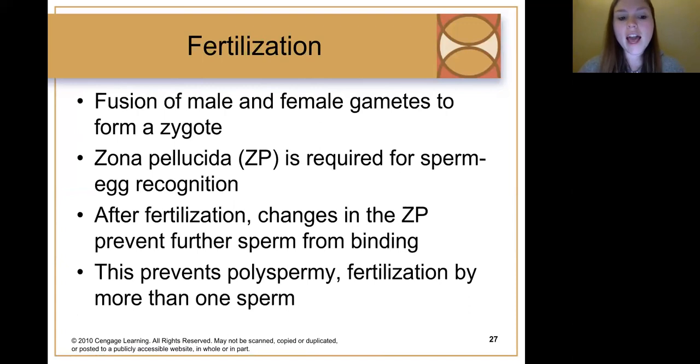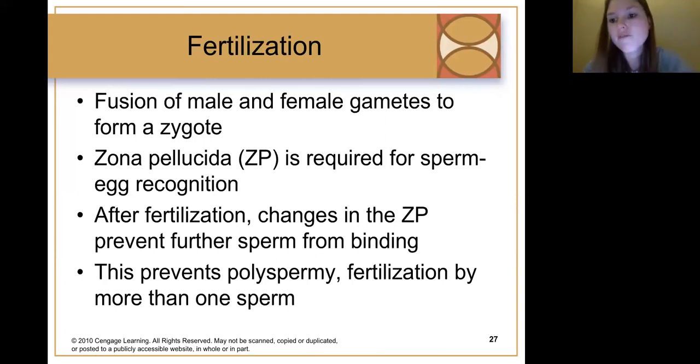After fertilization, the changes in the zona pellucida will prevent further sperm from binding. When that first sperm comes into contact with the zona pellucida, it will cause changes in that sperm that allow it to fertilize the egg. And then once that happens, the zona pellucida changes so that further sperm can't bind. So only one. And this is important because it prevents what's called polyspermy, which is fertilization by more than one sperm.